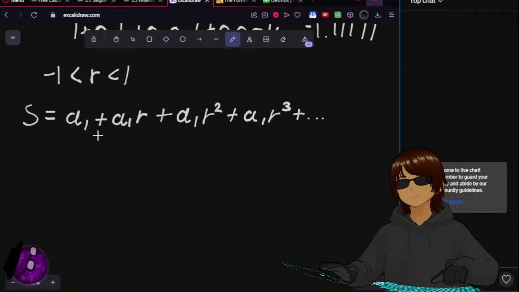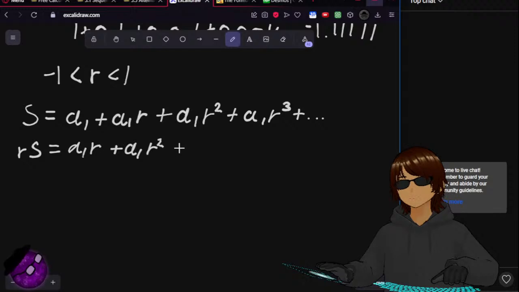The sum goes to infinity, and then if we have rs, then it's a1 r plus a1 r squared plus a1 r cubed and so on.